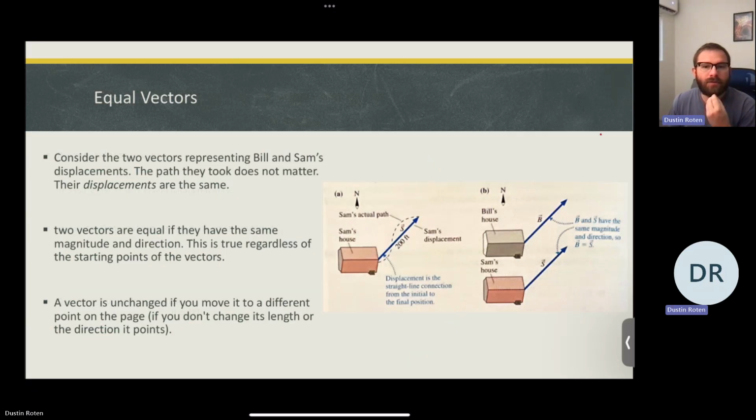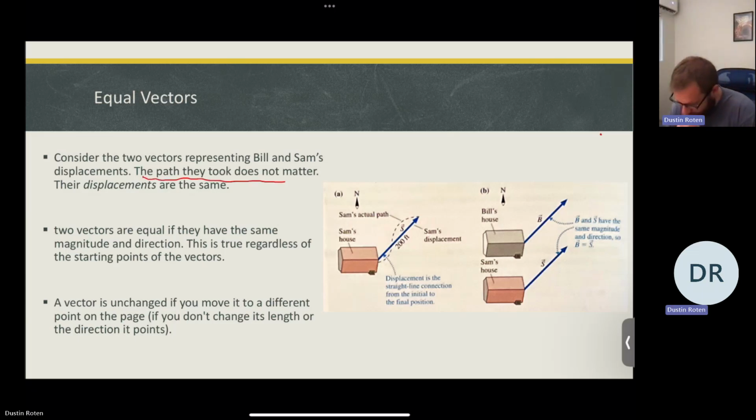Now, when two vectors are equal, that means they have the same length and they point in the same direction, same magnitude and direction. Two different vectors could be at two different places on the page, but as long as they point in the same direction and have the same length, then they are considered equal. So if we look at Bill and Sam's displacements here, remember that the path doesn't matter when it comes to displacement, okay?